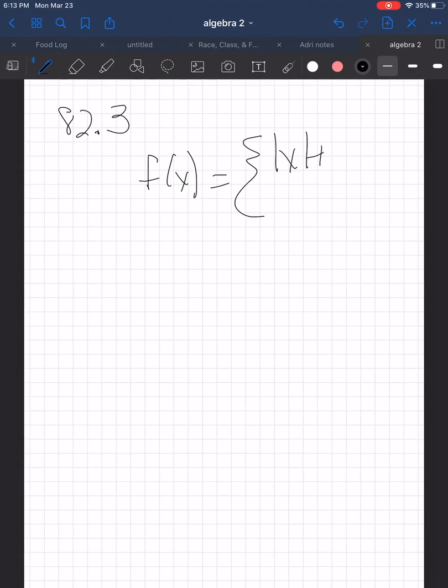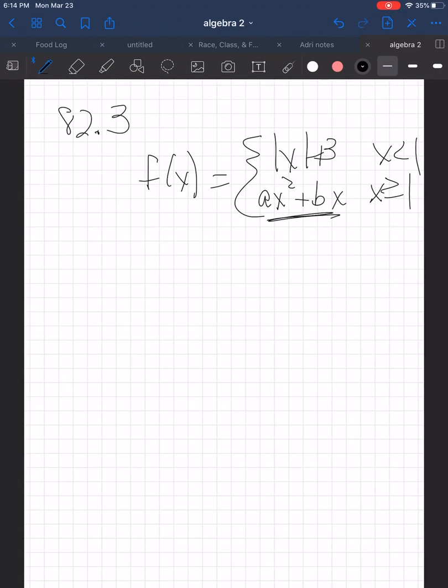All right, one last example on page 423. It says, let f be defined as f of x is equal to absolute value of x plus 3 when x is less than 1, and ax squared plus bx when x is greater than or equal to 1.